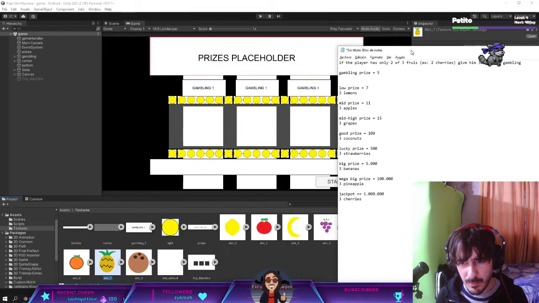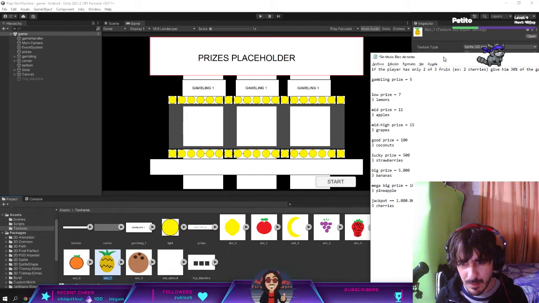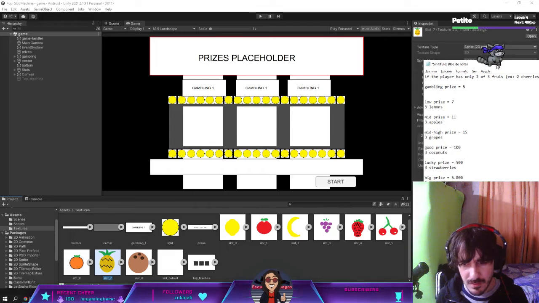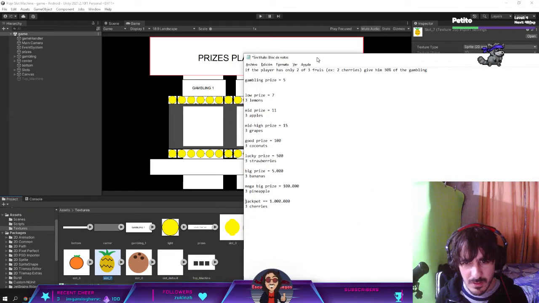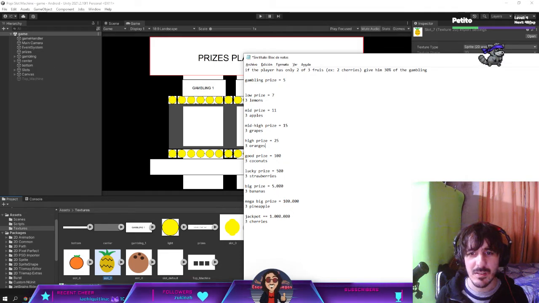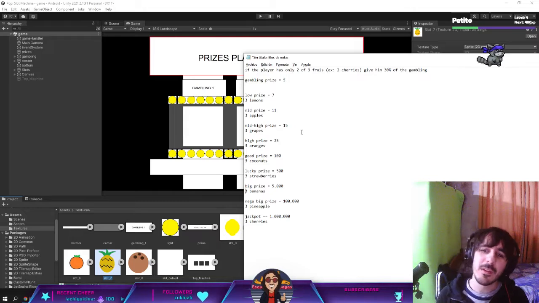Okay, lemon, apple, banana, grapes, strawberry, cherries, oranges. Yeah. Okay. High price will be equal to 3 oranges. This will be the prices of the machine.